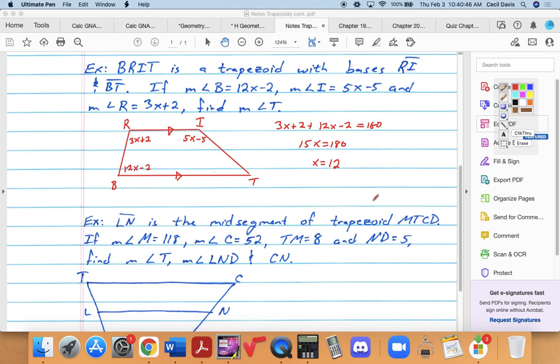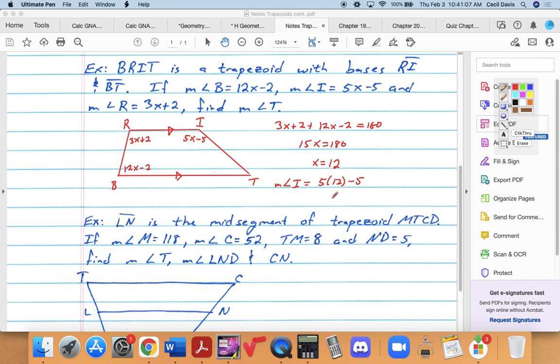They ask us for the measure of angle T. What is the only angle that T is related to? I. So the measure of angle I is 5 times 12 minus 5. Oh, look, you can use the double and a half thing again. Wouldn't it be 4 times 12? No, never mind. I take it back.